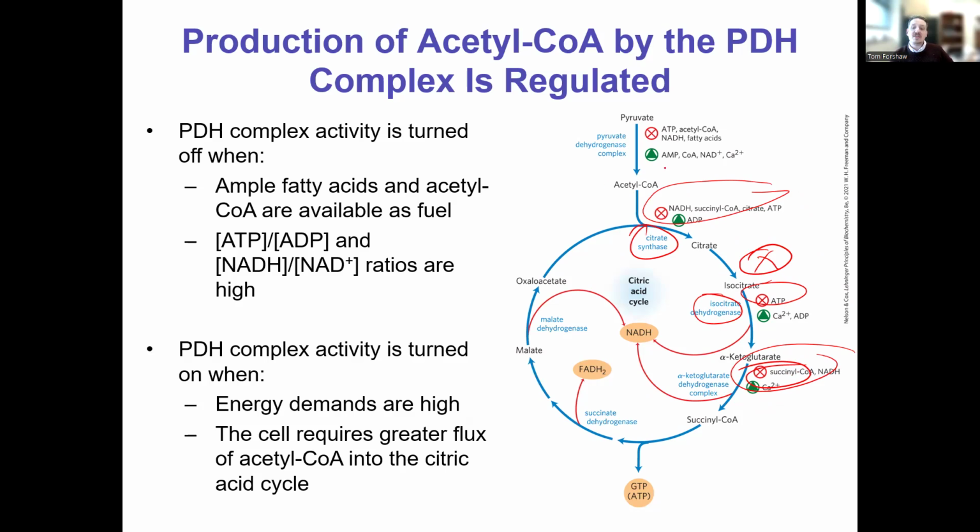Whereas positive allosteric modulators are going to be things like ADP and AMP, which is signaling I've used up my ATP, saying, hey, I haven't got much ATP. I've got a lot of ADP, saying that my ATP has been used up, turned into ADP. A lot of ADP will bind to these enzymes, act as a positive allosteric modulator to say, hey, let's ramp up production.